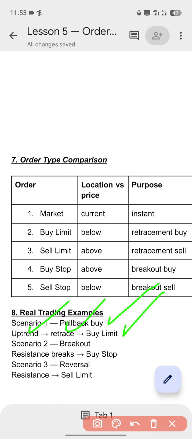Scenario 2, we have a breakout. Resistance break, buy stop. If a resistance is broken, you are buying. Scenario 3, we have reversals. Resistance, sell, which is a sell limit. So if the market approaches resistance, you are actually saying the trade should be executed as a sell if you are not around.